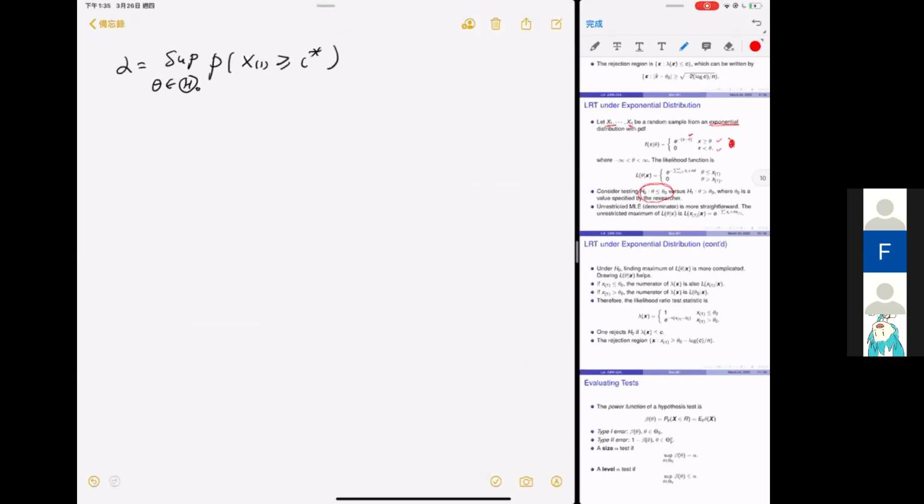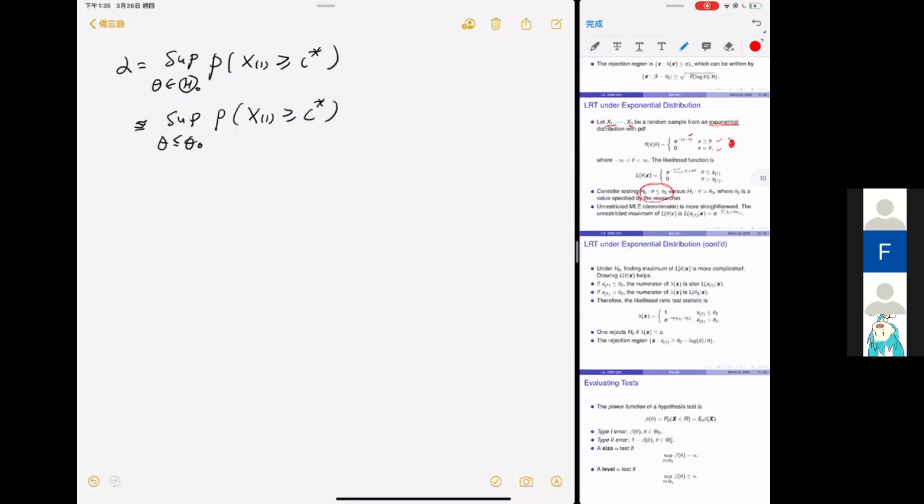Okay, good. And then right here is what? You do need to find this supremum over the null space. The null space is theta smaller than or equal to theta 0. Then the probability of x1 bigger than c star is.